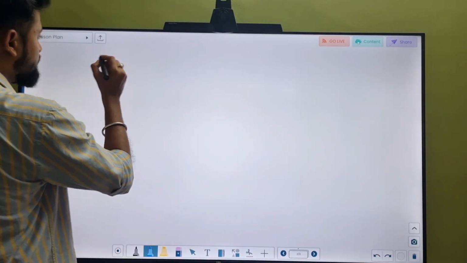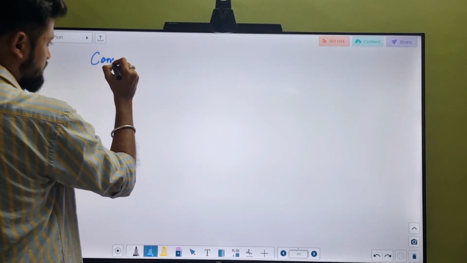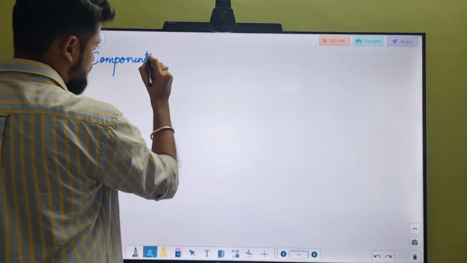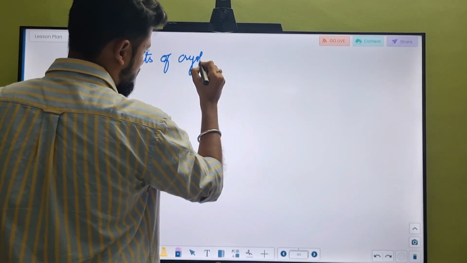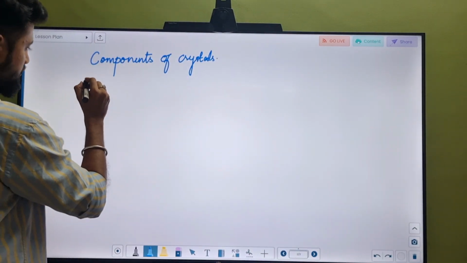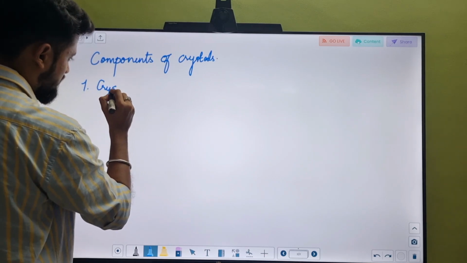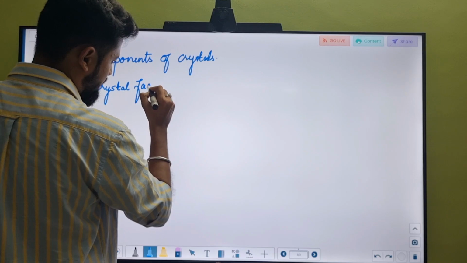Okay, so components of crystals. So what are the components of crystals? First one, the crystal face.